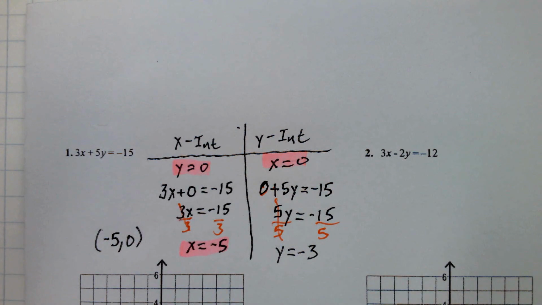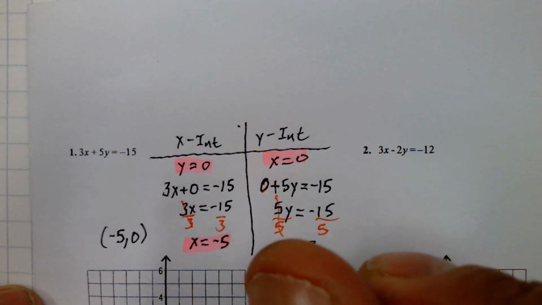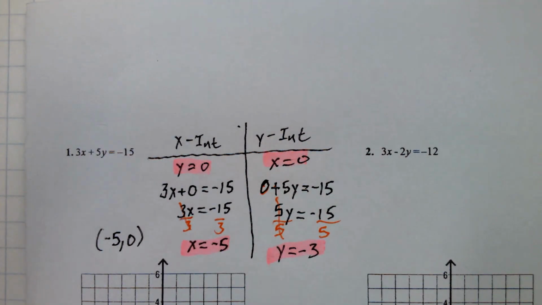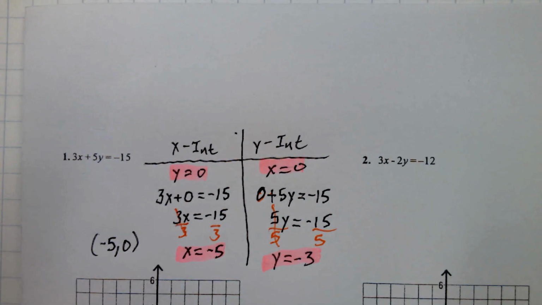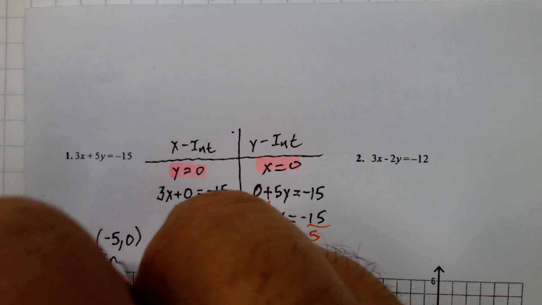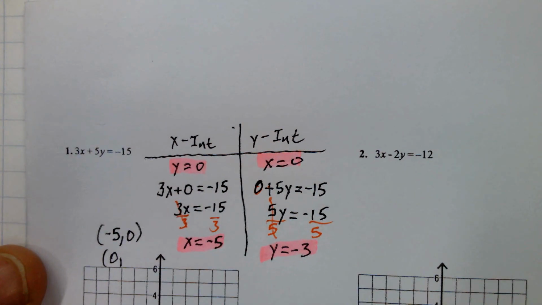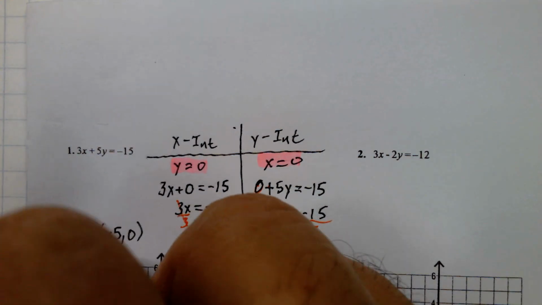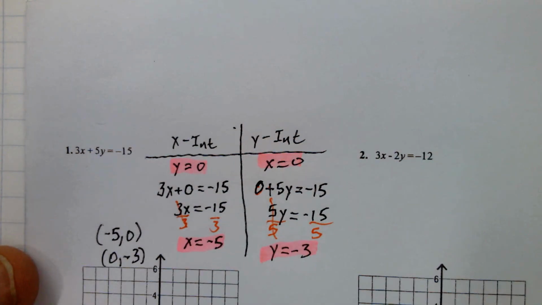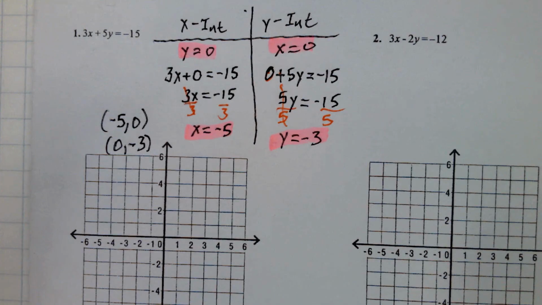There we go. So what are the coordinates for the y-intercept? What's my x coordinate? 0. And what's my y coordinate? -3. Okay? So there you have it.